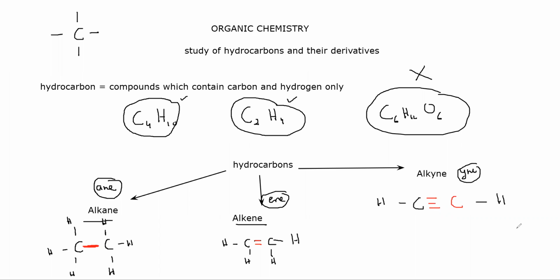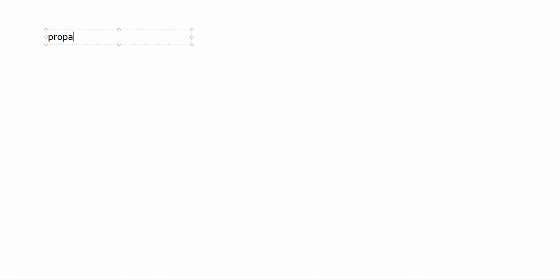From the name, how can you identify? For example, if you have a hydrocarbon named propane, the name is ending in ane.